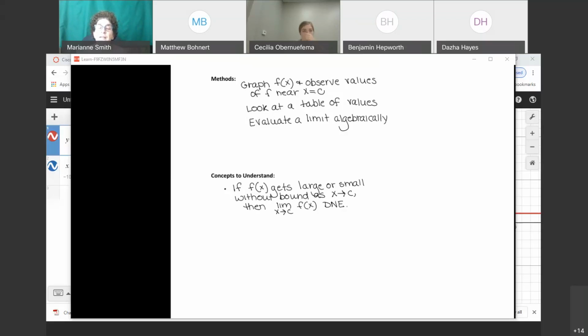So if the function values are growing towards infinity, this is the vertical asymptote case.